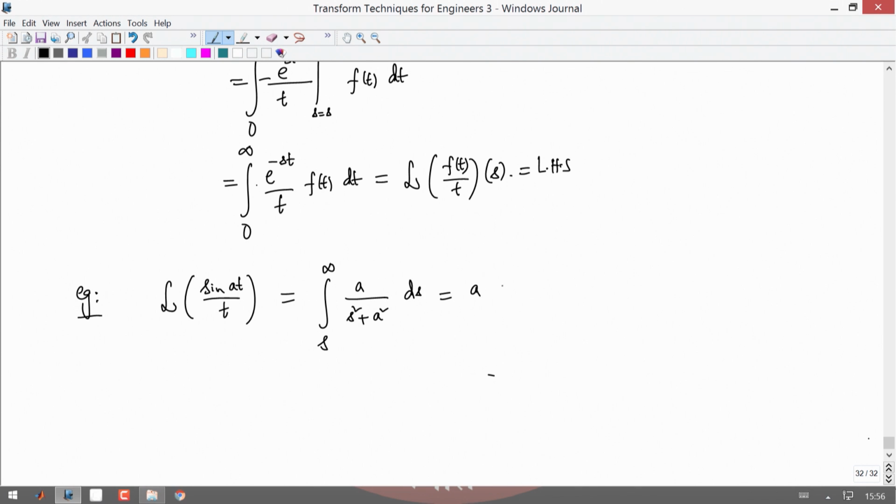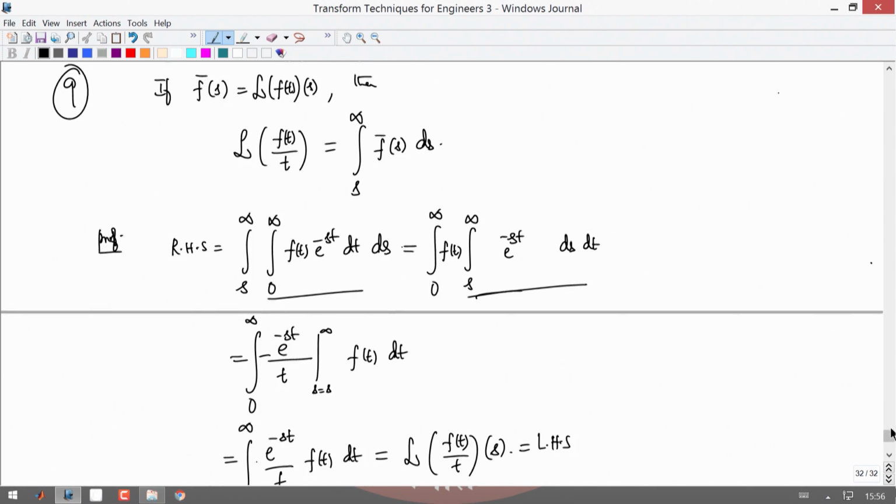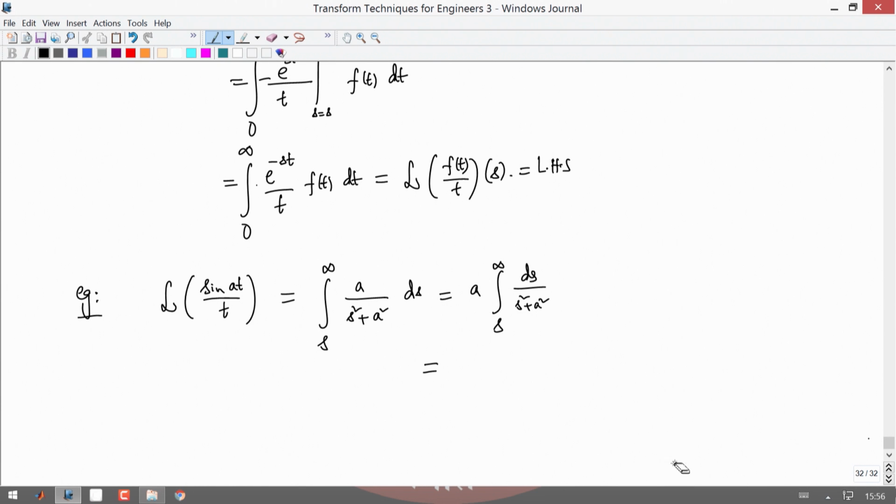So, a comes out, s to infinity ds by s square plus a square. So, you take a square out, and you have 1 by a comes out, s to infinity ds divided by 1 plus s by a whole square.